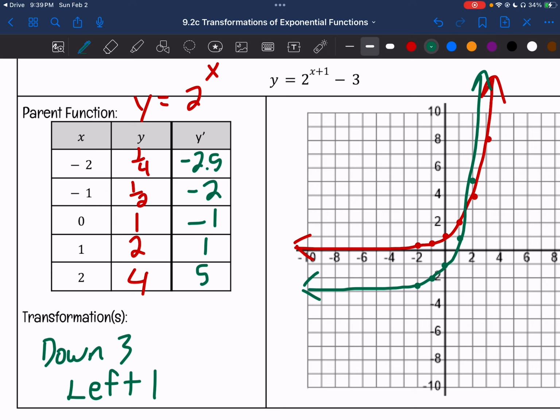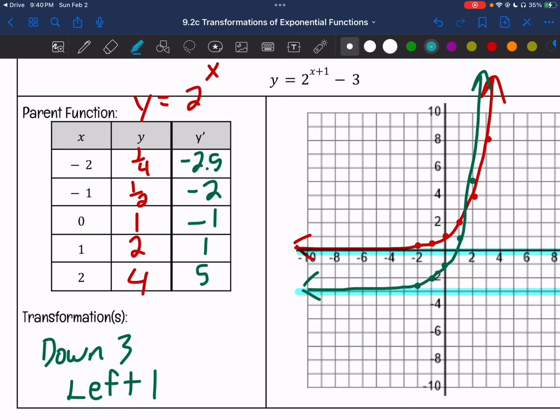So what are some things that we notice? Our asymptote was on the x-axis originally, and now that has shifted down 3 units because we moved everything down 3. And our whole graph shifted to the left 1 space.